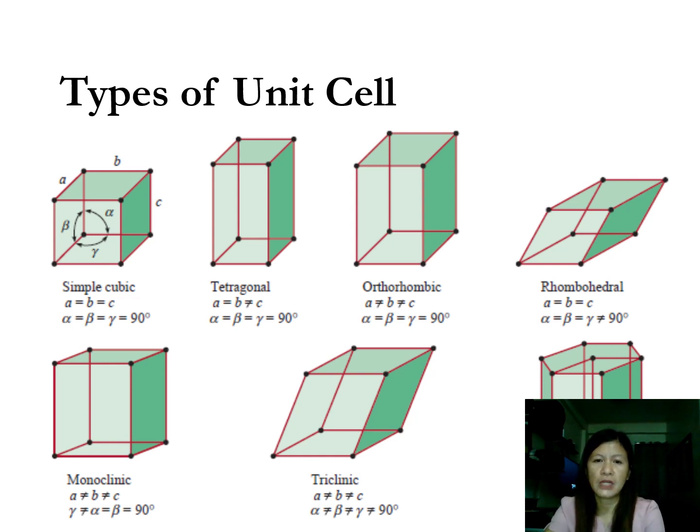Another is tetragonal, which has a different measure of C, different from edges A and B, but the angles are the same, also at 90 degrees. Others include orthorhombic, rhombohedral, triclinic, monoclinic.